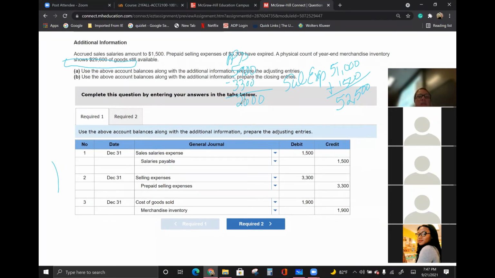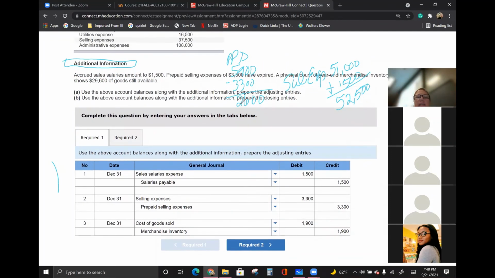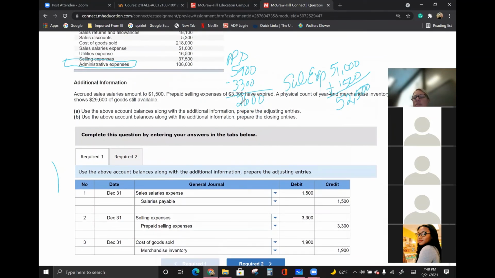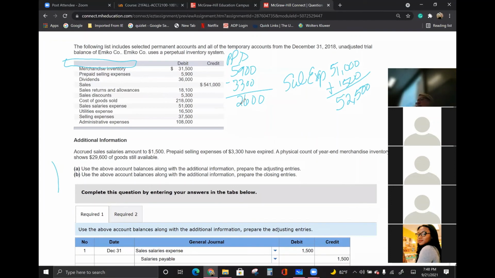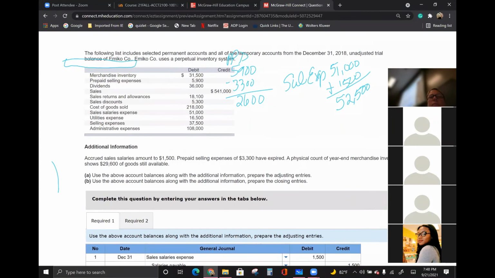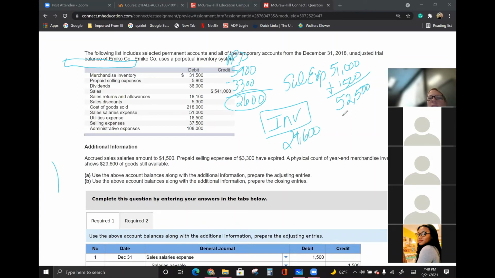So my entry on December 31, cost of goods sold, 1,900, merchandising inventory, 1,900. And what did it say that my merchandising inventory needed to be? Inventory is now going to be 29.6. So these are my new balances here for these accounts, those three that we just did adjustments for.